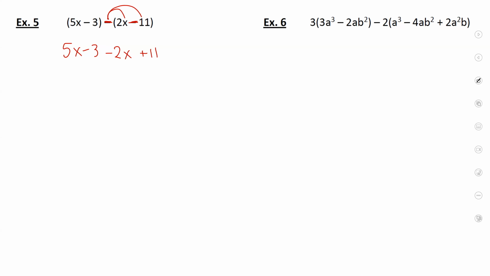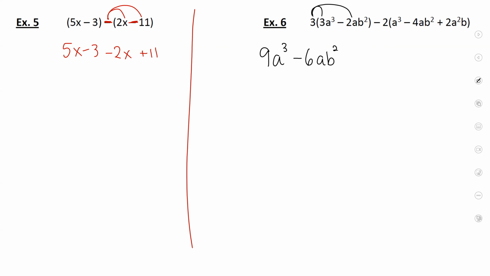Okay, example 6. We have to distribute first. So guys, think with me. 3 times 3. The a cubed just tags along. 3 times -2 is -6. Good. And the ab squared just tags along.